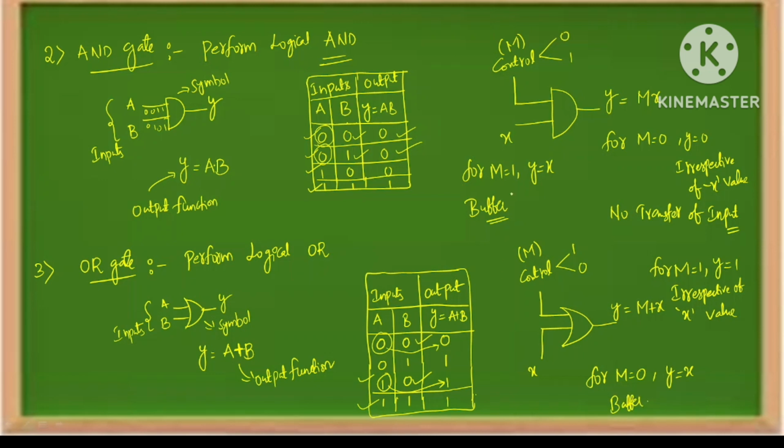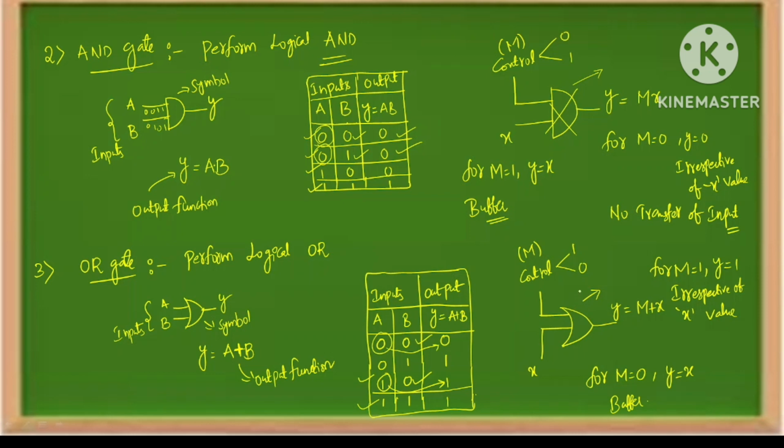Okay. So this is the basic difference between the logic AND gate and the logic OR gate. In the logic AND gate, 0 is considered as the control input because when you want to stop the input from flowing from the input terminal to the output terminal, you can make the control input 0, so that the AND gate is deactivated. Whatever input you apply, the output will not depend upon the input, and it gives the same value, 0.